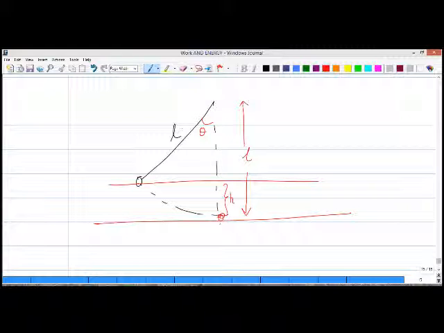Now we can use basic trigonometry here to identify this side. Let's just call this side y for now. If you look at this triangle, y is the adjacent side to the angle theta, so I could use y over L equals cosine of theta, and this gives me y equals L times cosine of theta.